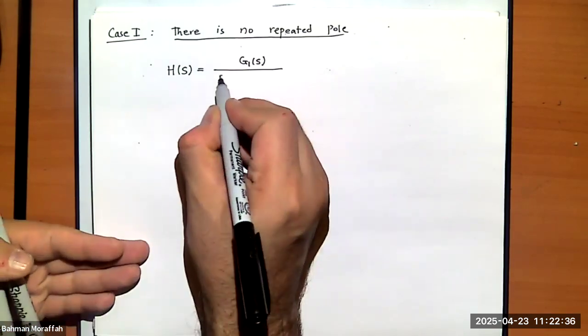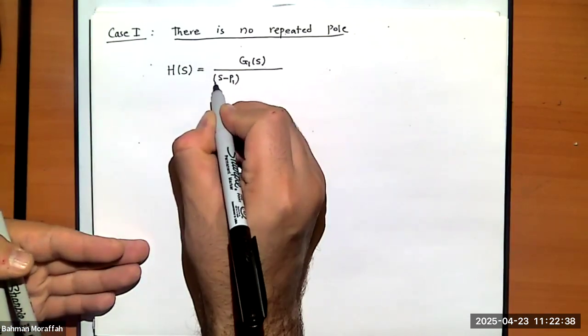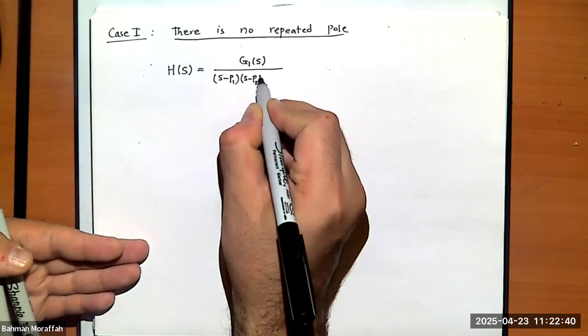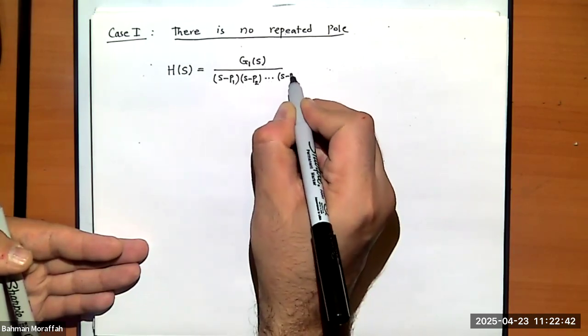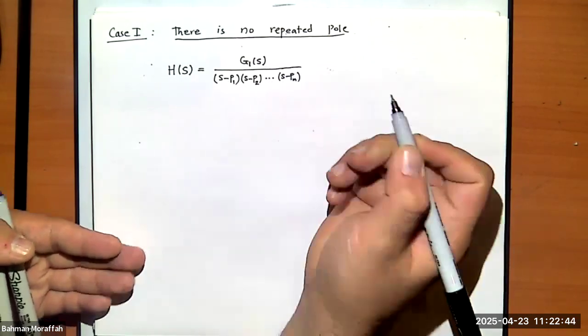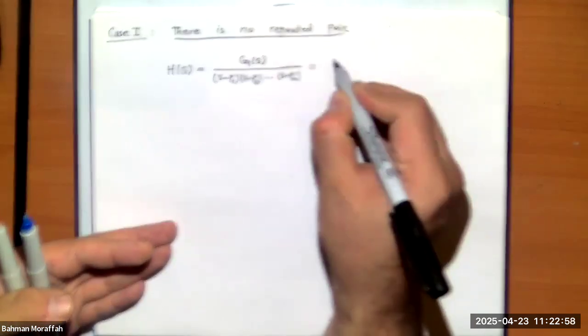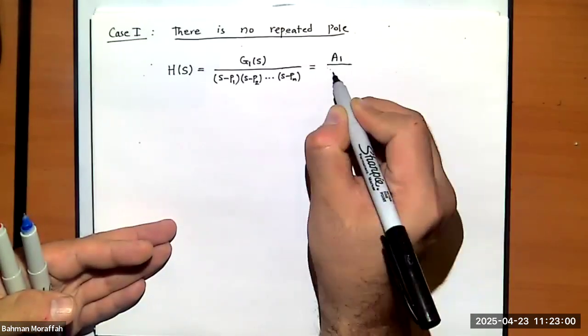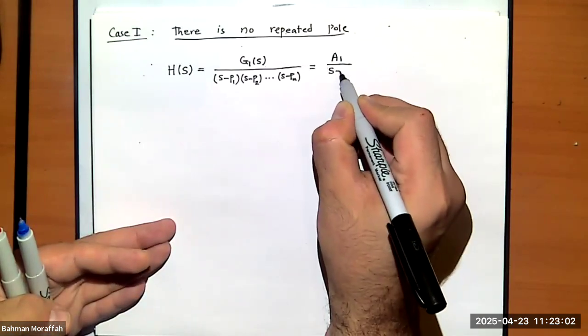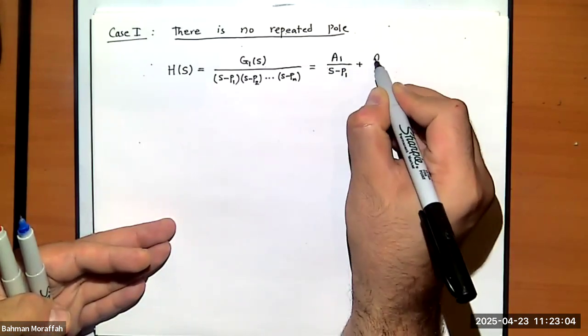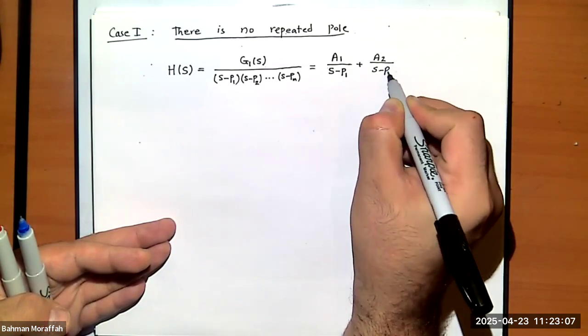I can write g2 of s using its roots: s minus p1, s minus p2, up to s minus pn, since g2 has a degree of n. I have separate roots, and they're all distinct. It turns out I can decompose this function as follows: a1 divided by s minus p1, plus a2 divided by s minus p2.